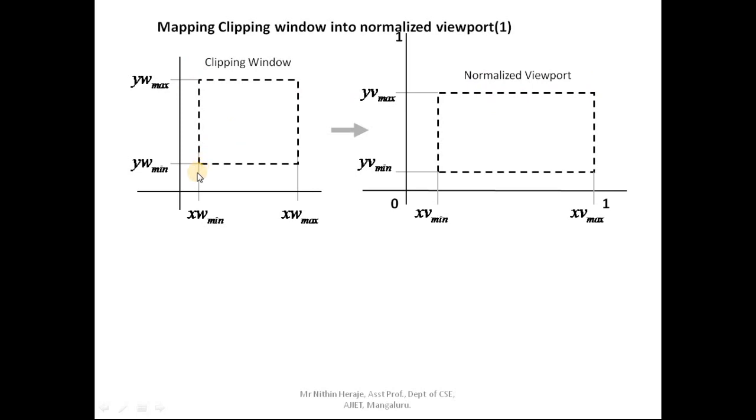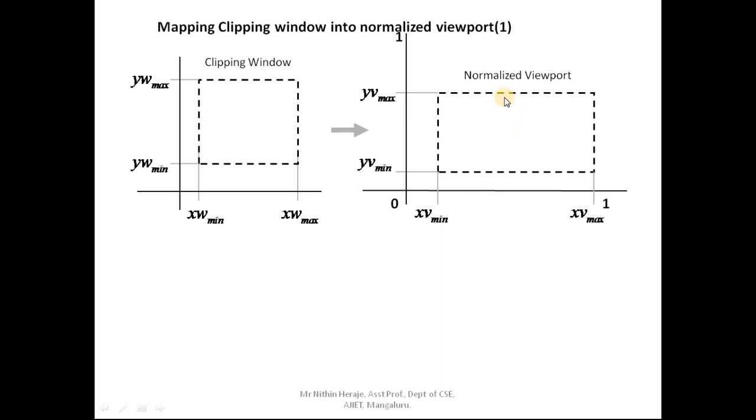In the world window we have this point as xw min, that is the x-axis value here, and this is the y-axis minimum value here. This point is the x-axis max value, and this is the y-axis max value. This is in the world window. When you transform it to the normalized viewport, you get an option like this.